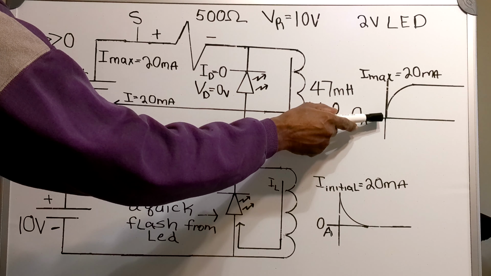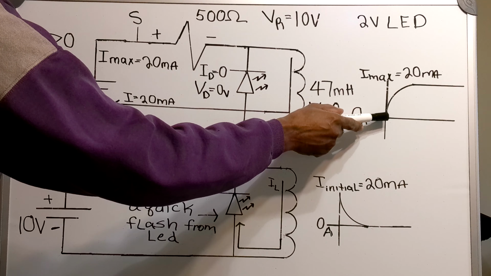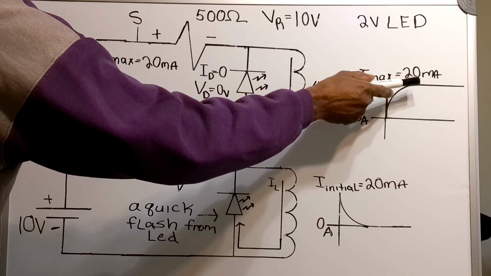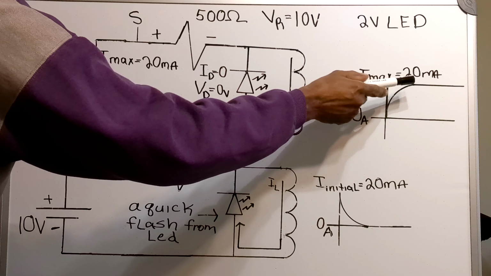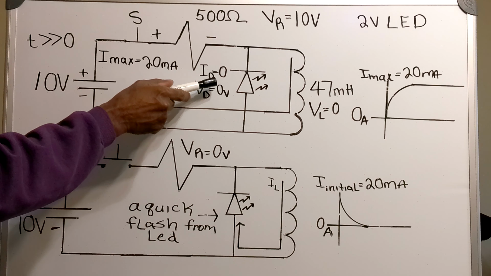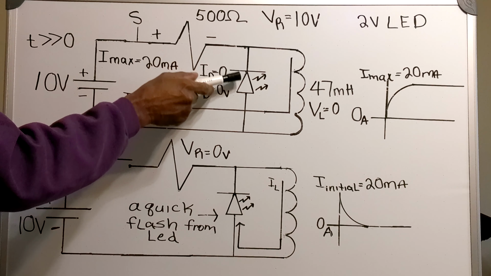This graph right here shows you where the current starts at 0 amps, then gradually rises to 20 milliamps. Now at this stage, there is no current flowing through the diode.